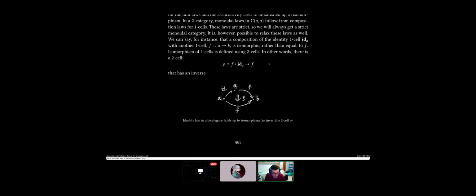Why? We're doing this to be more relaxed. Isomorphism for one cells is defined using two cells. In other words, there is a two cell, rho. In this case the composition is an object because this is a two cell layer. And that has an inverse.